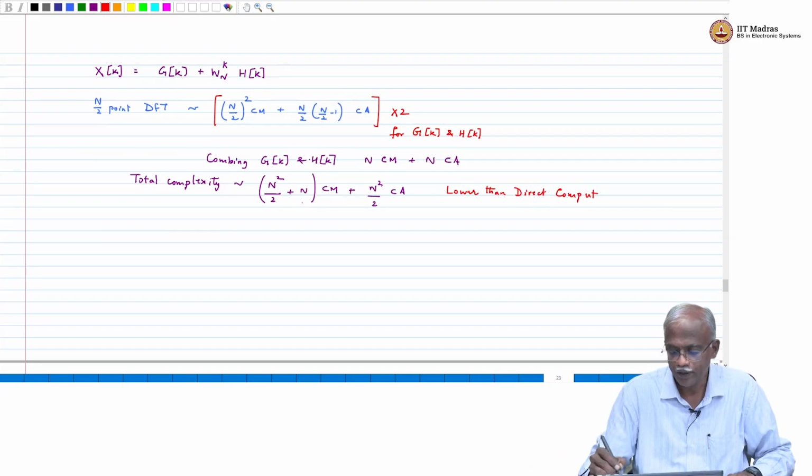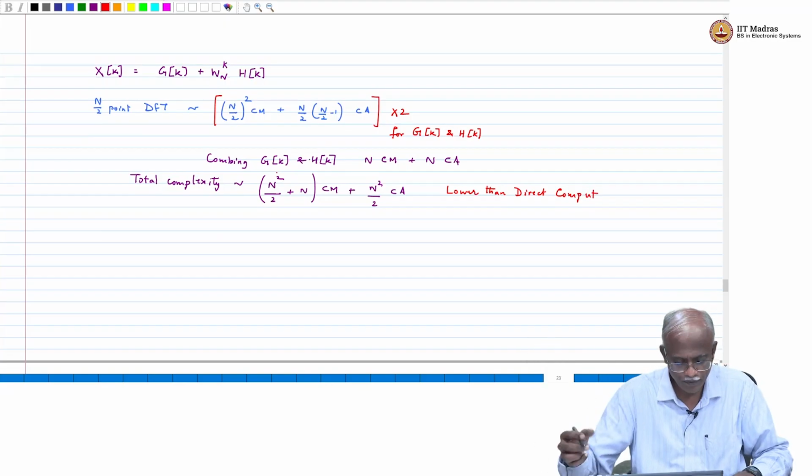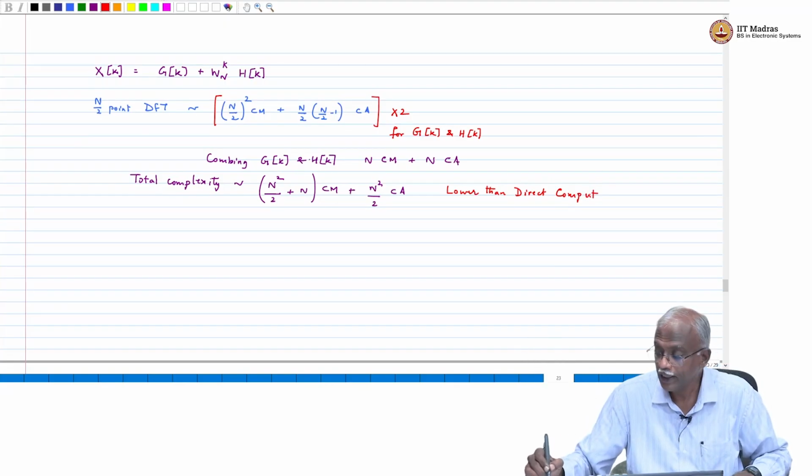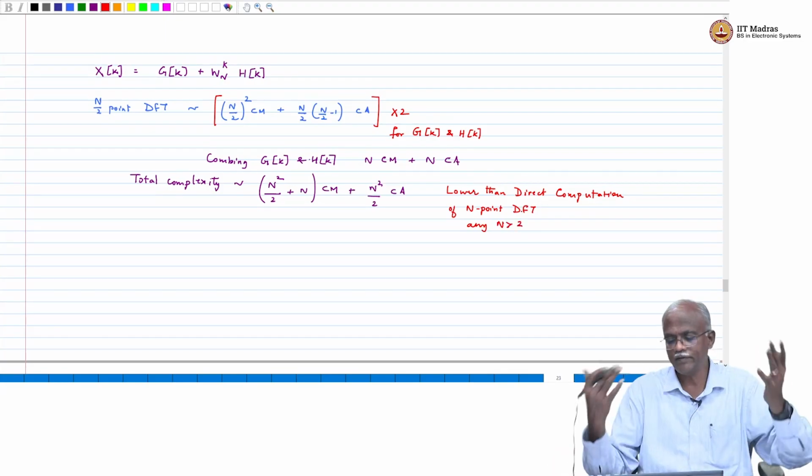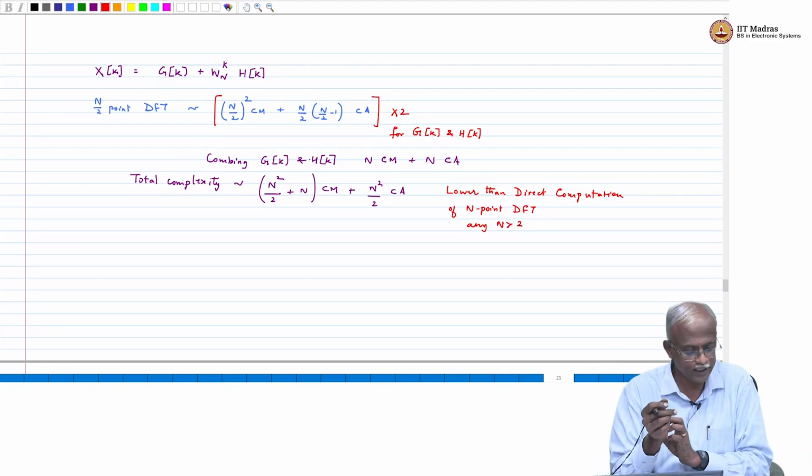You can substitute any value, N equal to 4, N equal to 8, whatever, and verify, for any N greater than 2. So there is always an advantage to split it in this fashion as we have shown.